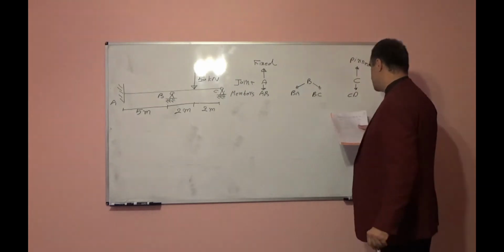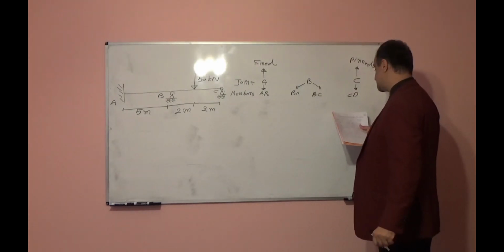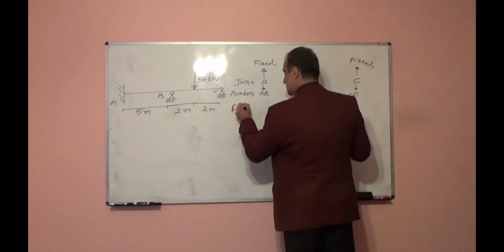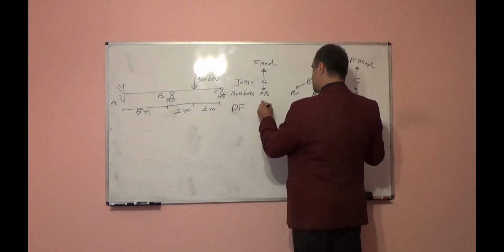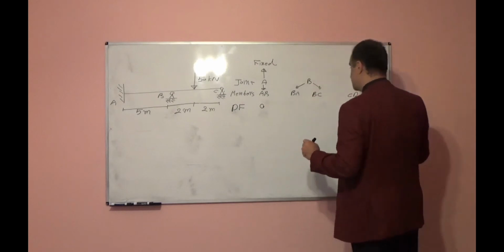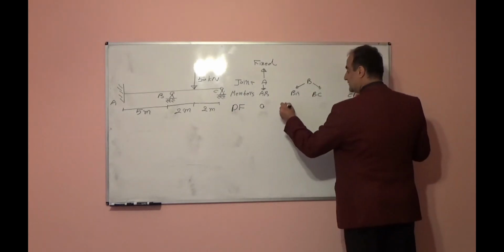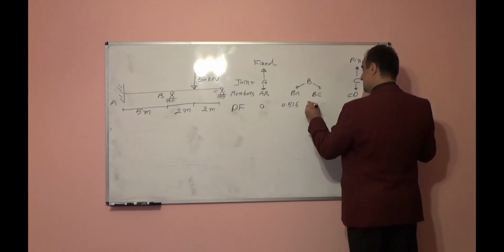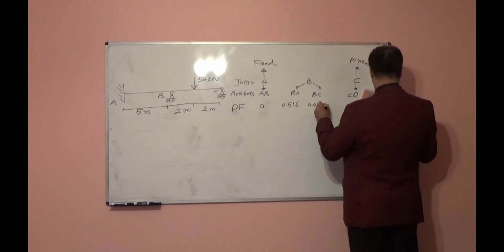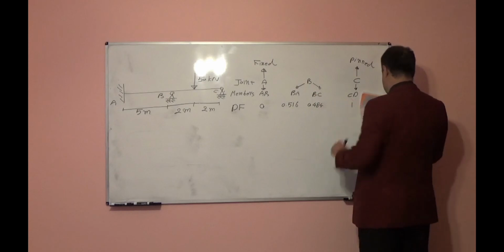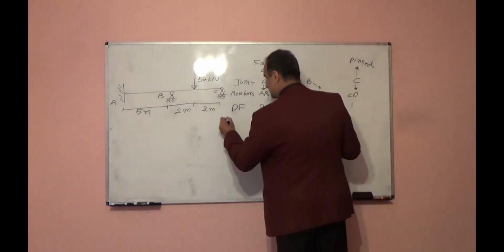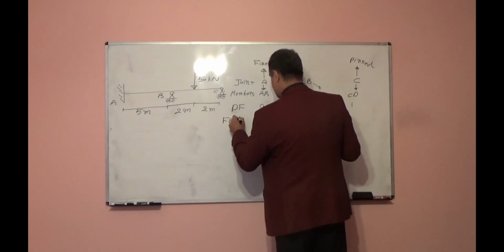Next, we will list the distribution factors for each member. Distribution factor for member AB it is 0, for member BA it is 0.516, BC 0.484, CD it is 1. Then we will write fixed end moment for members.